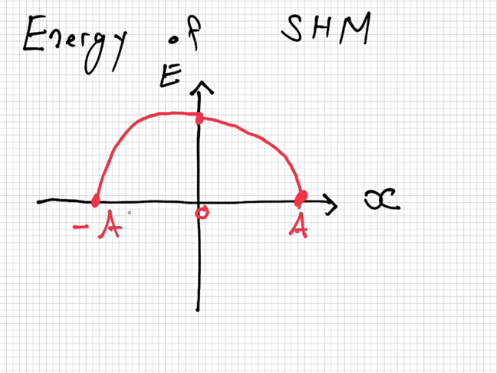Now, what about potential energy? The energy for potential is the opposite. You can remember when the ball is up in the air at rest, it has no kinetic, but it has lots of potential. Then I let go, it falls, hits the ground, it has lots of kinetic, but no potential.